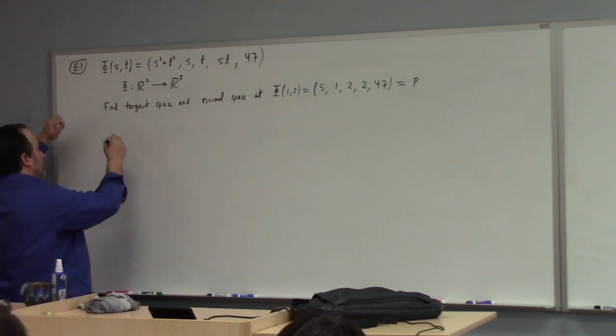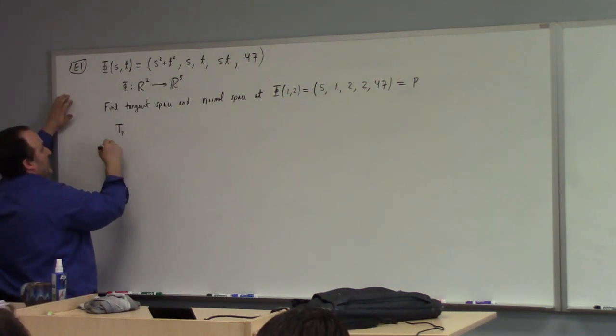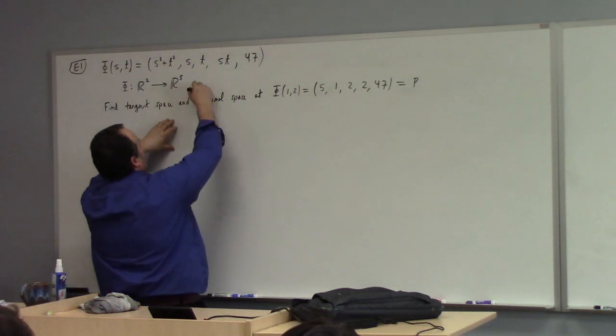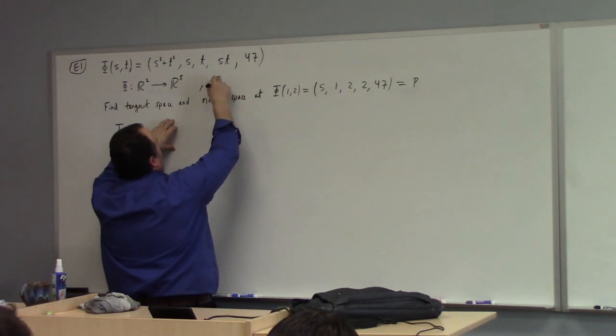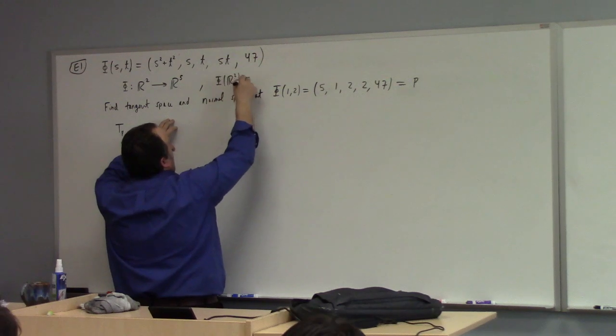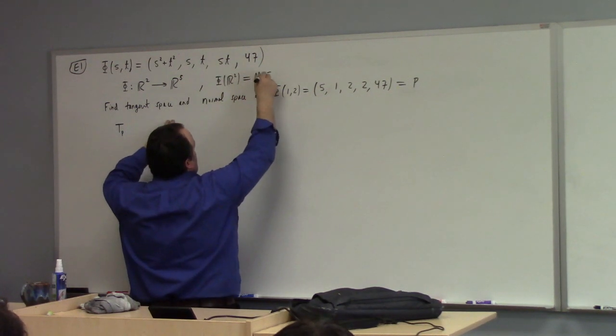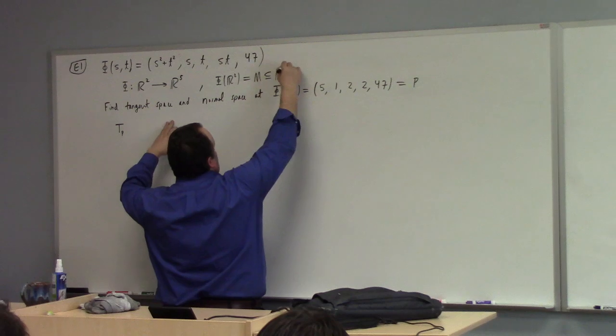The tangent space at P, T_P, and let me give this more name calling here. Phi of R2, I'm going to call M. So M is a subset of R5. It's a surface.